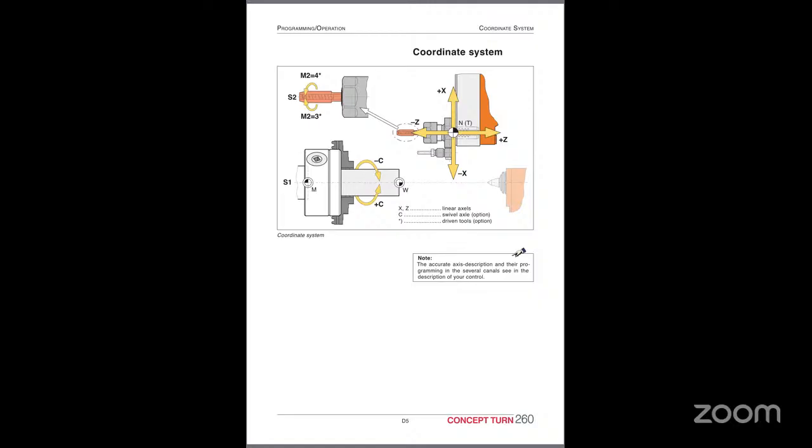Before starting this CNC machine, first of all, we should understand what the coordinate system is, because all the motions in this CNC are based on this coordinate system. So in this machine, we have x-axis, right? So plus x and minus x.